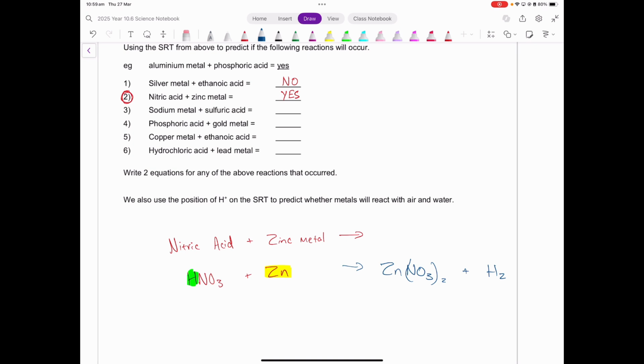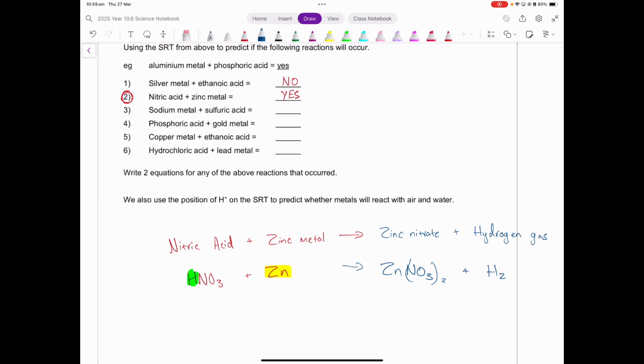Okay? So this is going back to our formula for acid and metal produces salt and hydrogen gas. So our salt in this case is zinc nitrate, and the hydrogen gas in this case is still exactly the same.